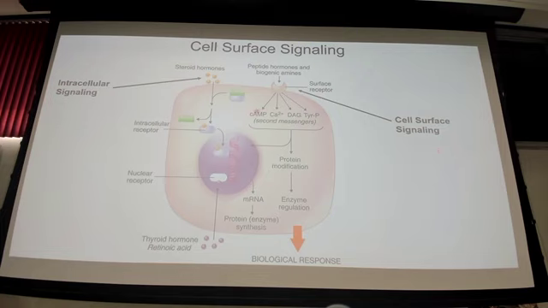So we talked about cyclic AMP, calcium, and diacylglycerol as second messenger systems. We're going to talk about this one in block 4. But these second messenger systems, depending on what receptor system this is, will either upregulate or increase cyclic AMP, calcium, or diacylglycerol, leading to protein modifications, enzyme modifications, and a biological response. Any questions about that?